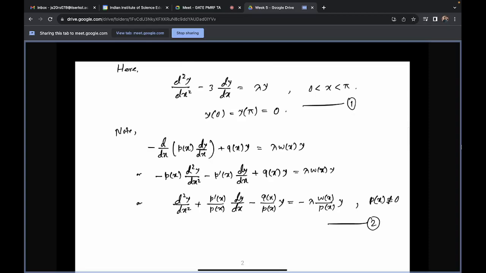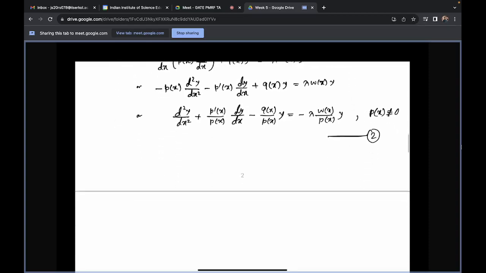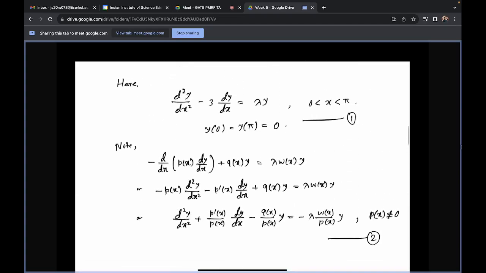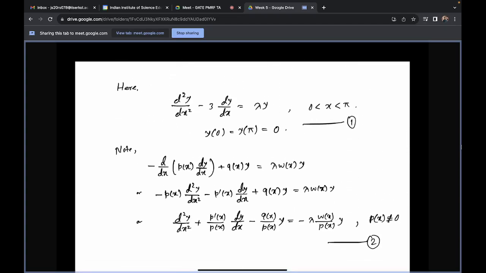If you compare equation 1 and 2, what you will get? First, there is no coefficient, it's 1 and 1.